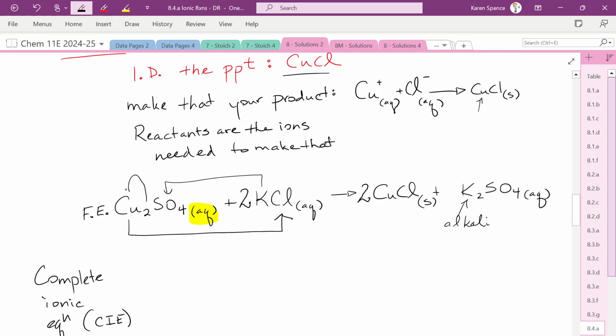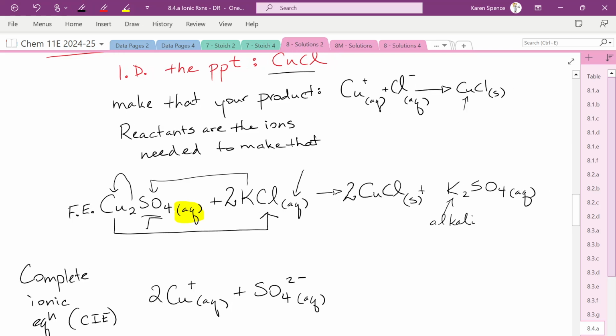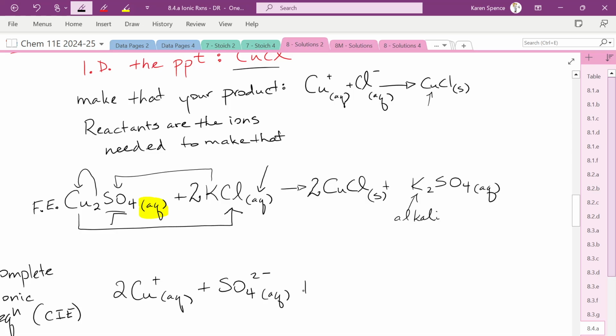We've got 2 Cu's, and we have 1 SO4. This one is aqueous, KCl is aqueous. So we have 2 K plus, 2 Cl minus, and both of those are aqueous.